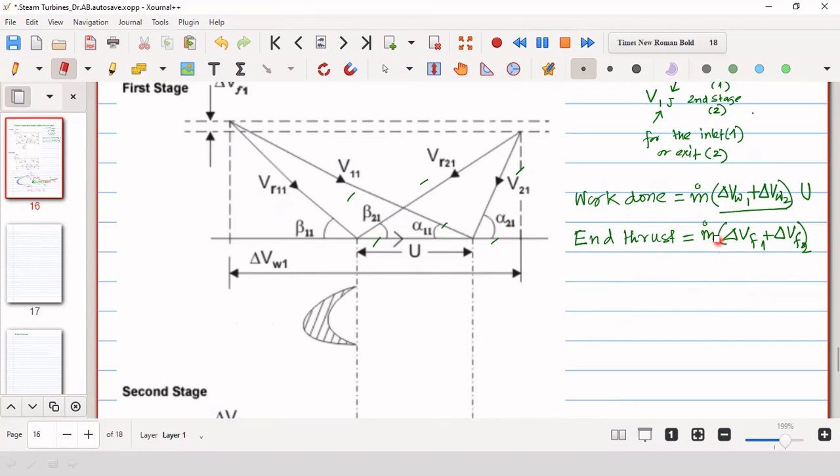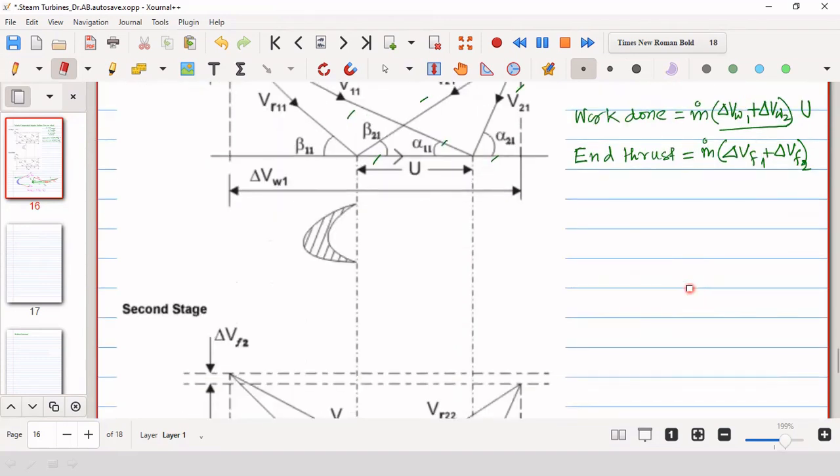So that is the momentum exchange, the rate of momentum exchange on the blade in the axial direction. That is the end thrust. That means that is the momentum that it has already imparted, and it is leaving with the remaining momentum in the axial direction. So the balance or the difference that it has already transferred to the blade. Okay, is it clear?